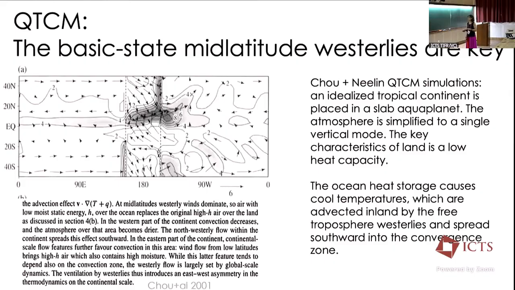In that model, the key part of the circulation was the free tropospheric westerlies. So you get westerly advection, and then the circulation changes within the continent itself. What they claim is that the key part here is the mean westerly flow, the background flow, that does the ventilation.